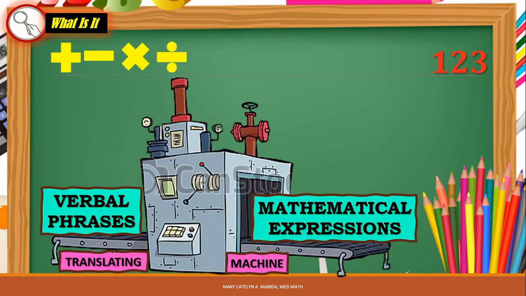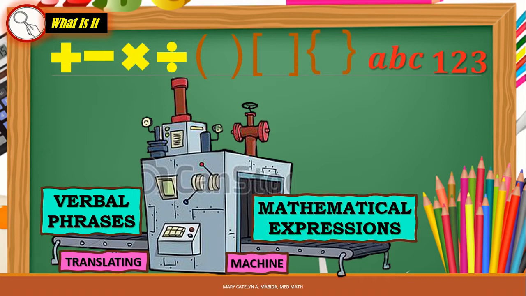The symbols for groupings like parentheses, brackets, and braces. And of course, don't forget the variables, which means any letter of the English alphabet which is used to represent a number or several numbers. If a variable stands only for one specific value, we call it a constant.